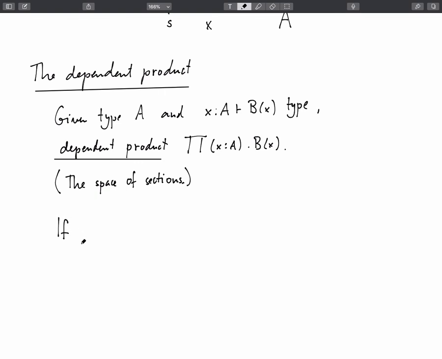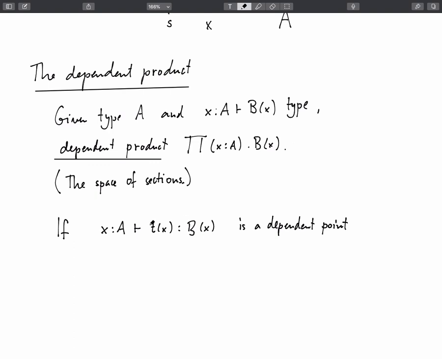If we have a dependent point, right? That's what we need. If we have a dependent point, what does this mean?